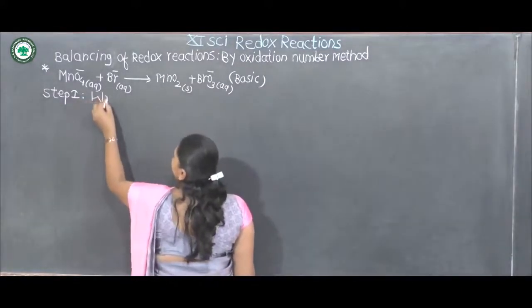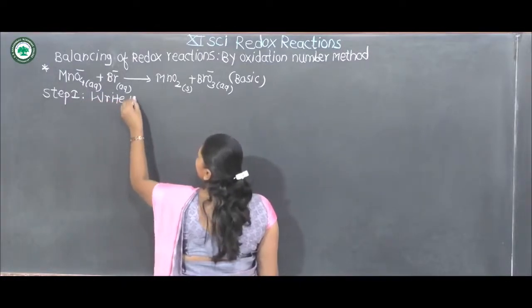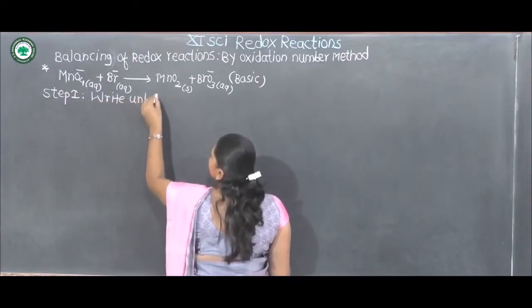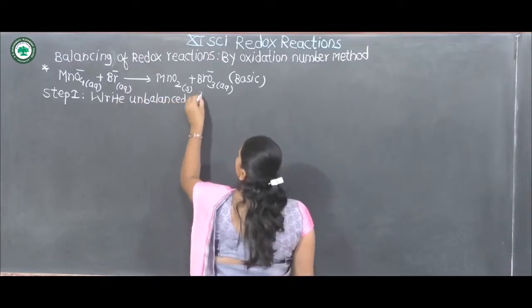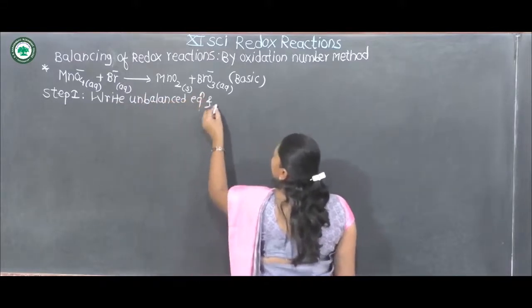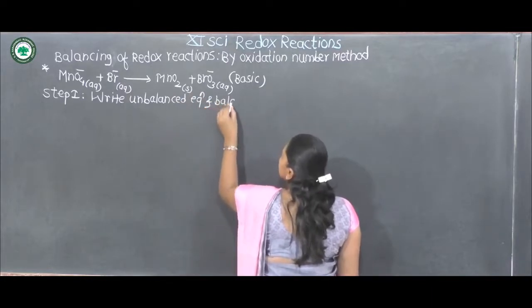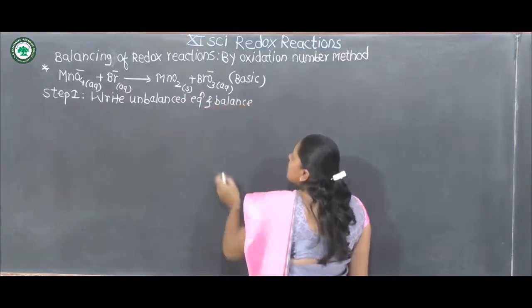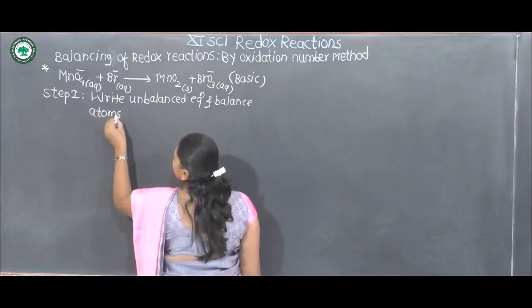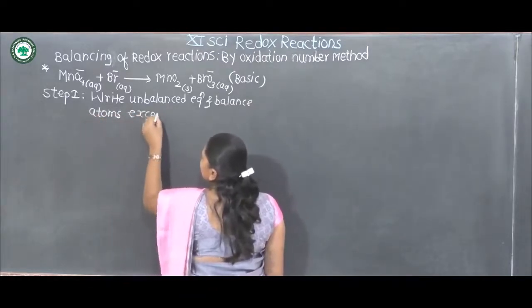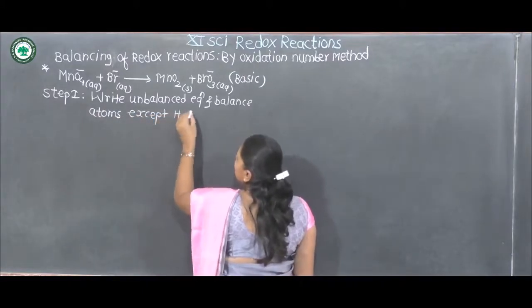Write the unbalanced equation and balance atoms other than hydrogen and oxygen. Atoms except hydrogen and oxygen.